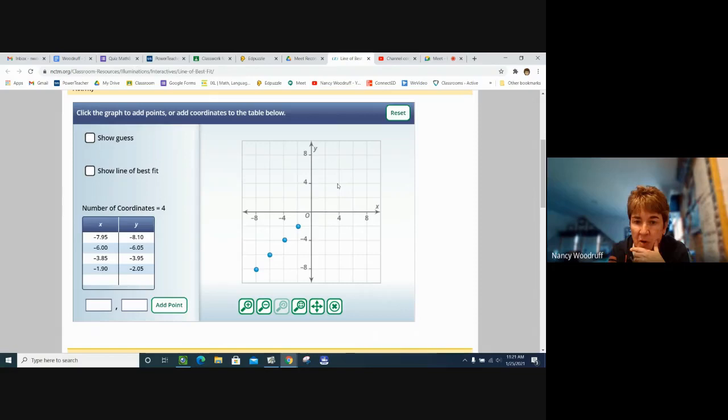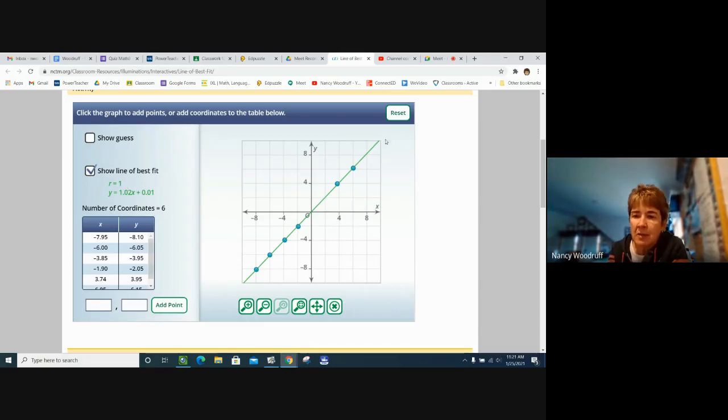If that was my data, what would the R be? Because these points are all perfectly on that line, you're going to see that the R is 1. It's a perfect correlation. They all fall on the trend line. That has nothing to do with the slope or the y-intercept.